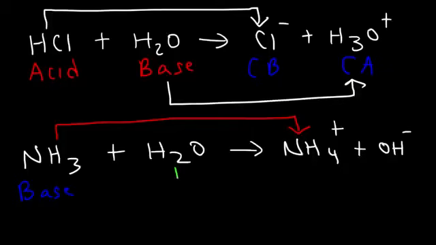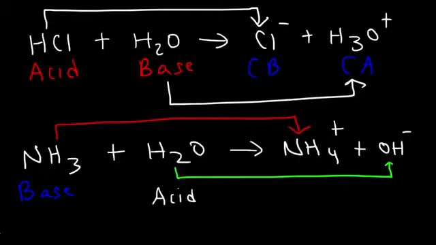Water lost the hydrogen, so water was the proton donor. It gave away a hydrogen, which makes it the acid. Now the base is always going to turn into the conjugate acid because we added a hydrogen to it. So NH4 plus is the conjugate acid, which means hydroxide has to be the conjugate base because water lost the hydrogen to make it.